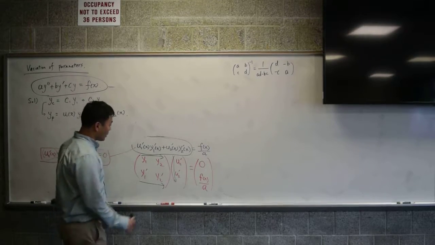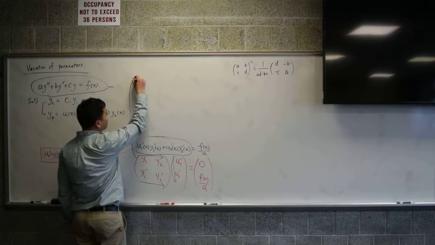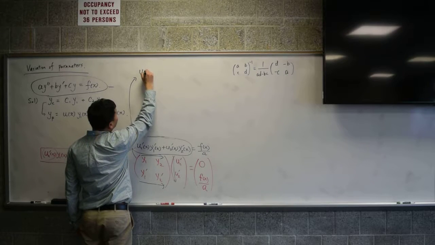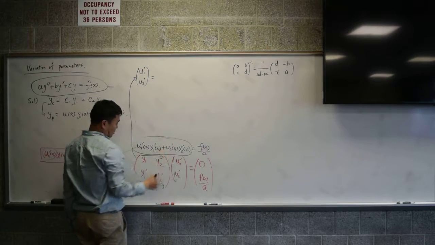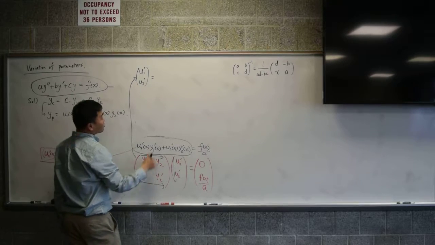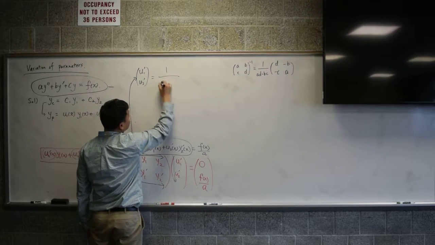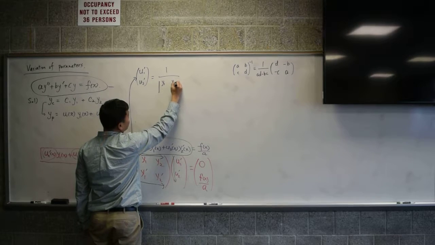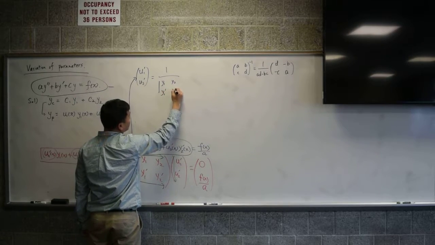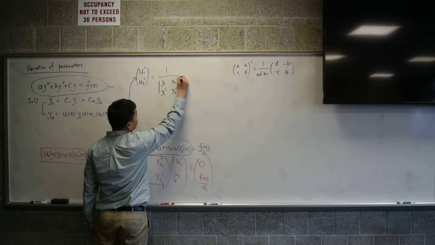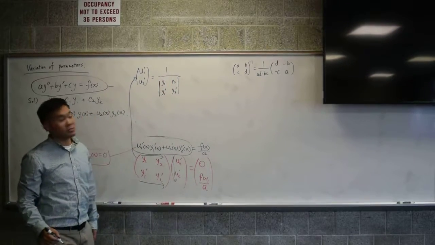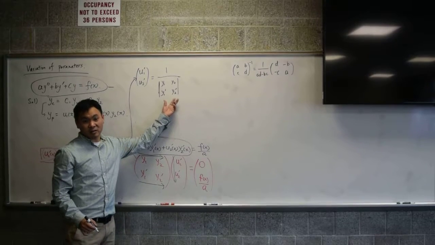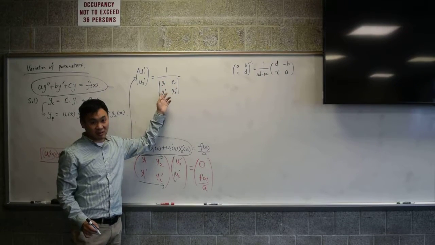Okay. So my solution for this is u1 prime, u2 prime equals to first the determinant of this thing, which is 1 over the determinant of y1, y2, y1 prime, y2 prime. We've seen this determinant before, right? What is this thing called?